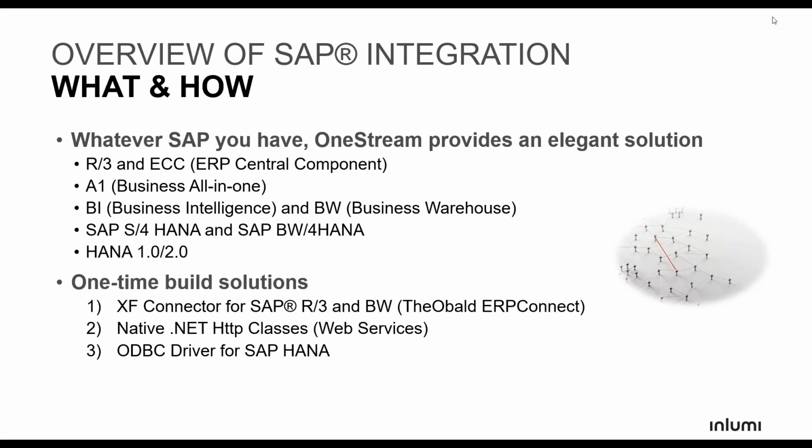It's not an extra license, it's just bundled. This has been implemented by an SAP partner called Ubald, and the library is called ERP Connect. If you want to find some details about that, the documentation is very complete, and it will show you what you can do with the library.